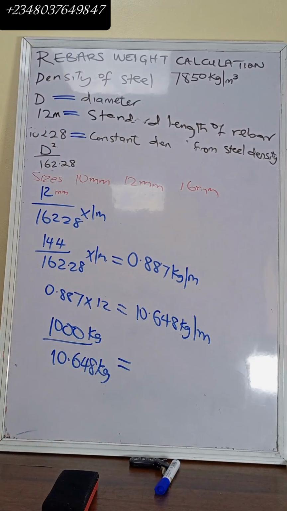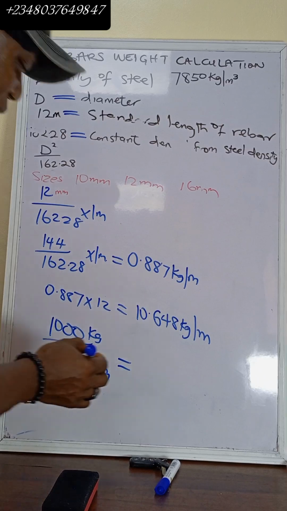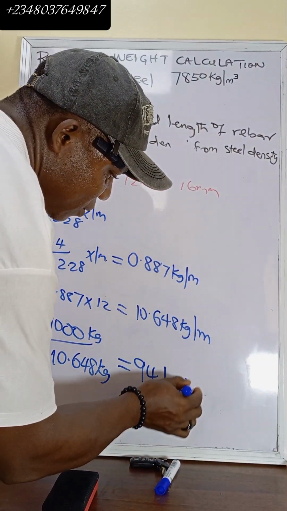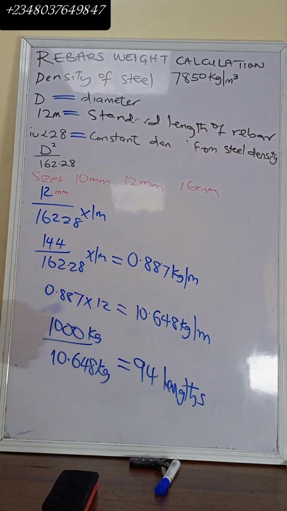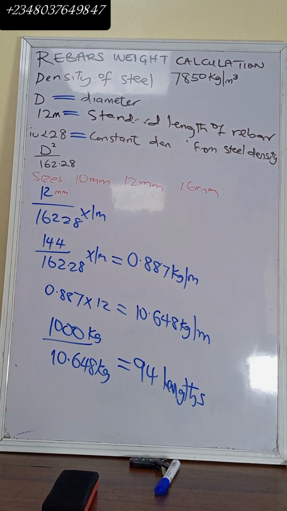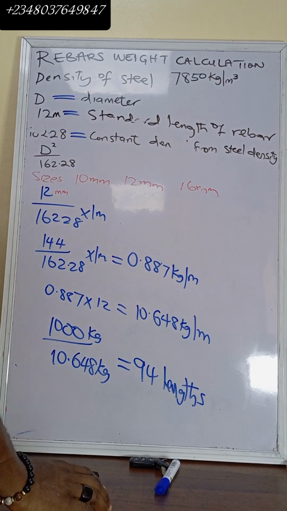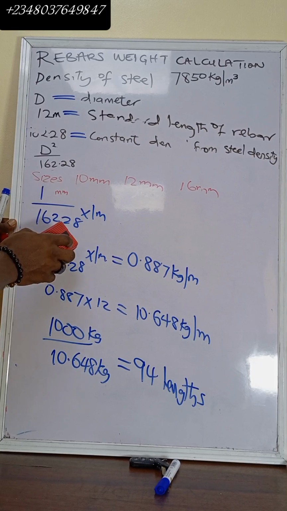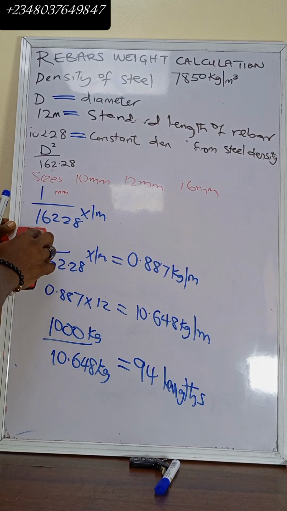By the time you divide it, that will give us 94 length. This is what will be delivered to our site. So that's for 12 mm diameter rebars. The last one we are going to be calculating is the 16 mm. So what I'm going to do is just clean these parameters.